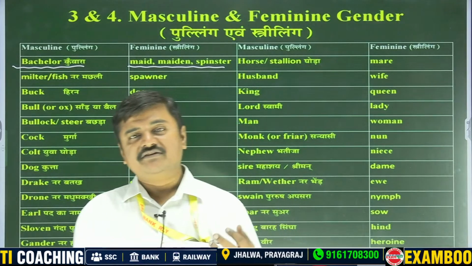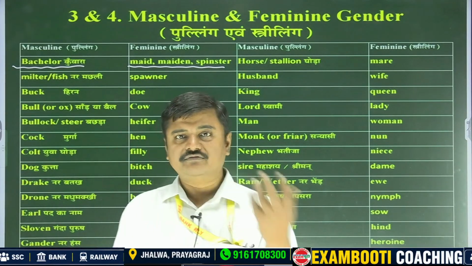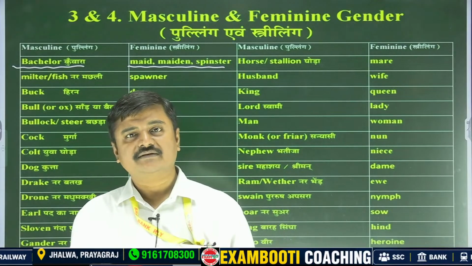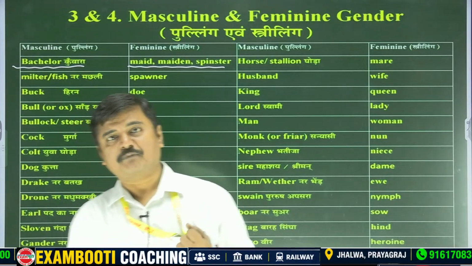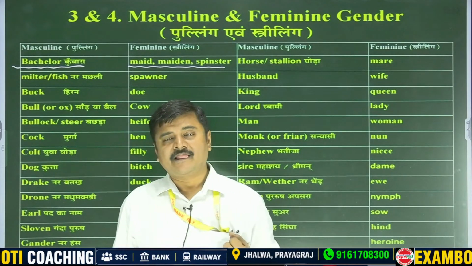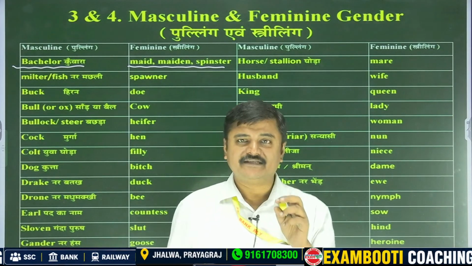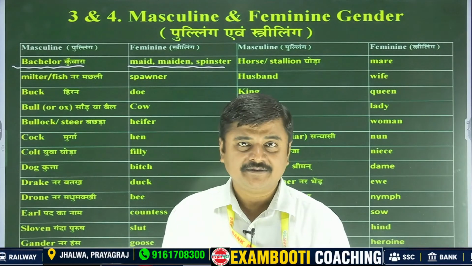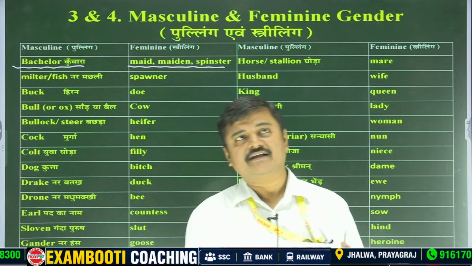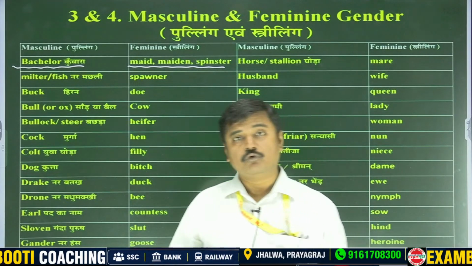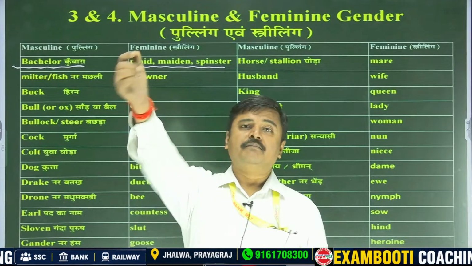Now, what is the difference between these words, maid and spinster? Let us decode them. Maid is the short form of maiden. Maiden has different meanings as well, like maiden speech, maiden voyage. In this, maiden means the first.